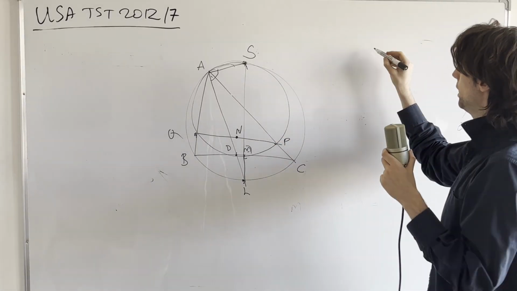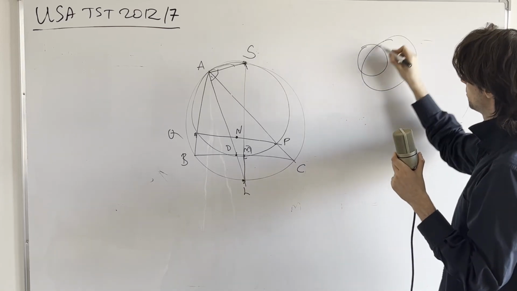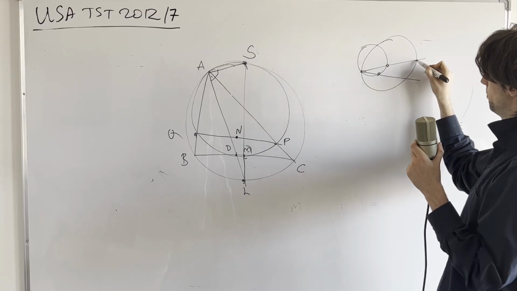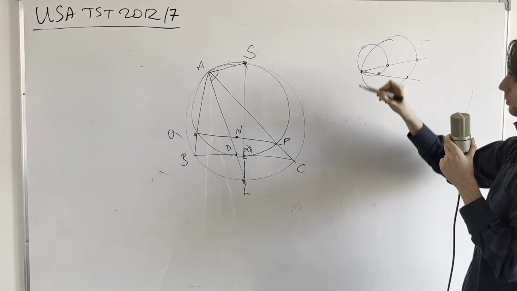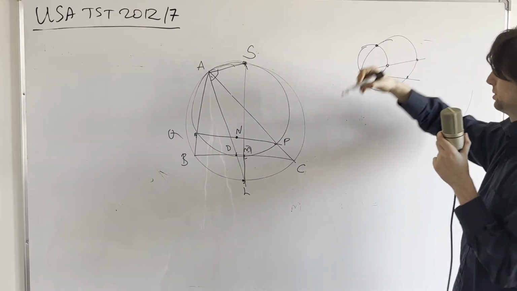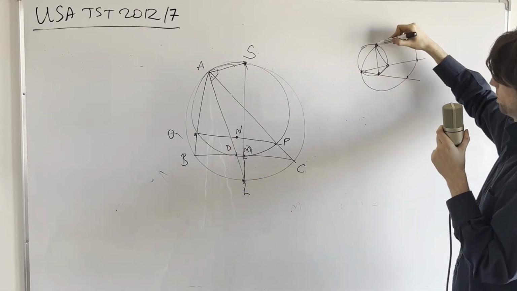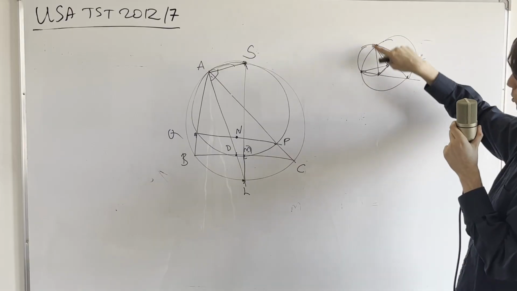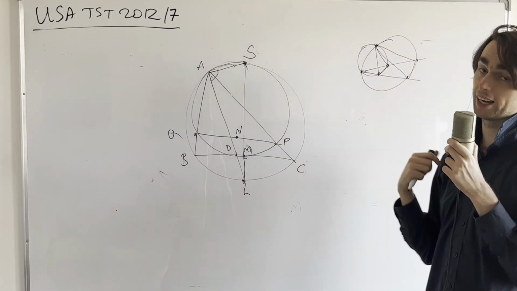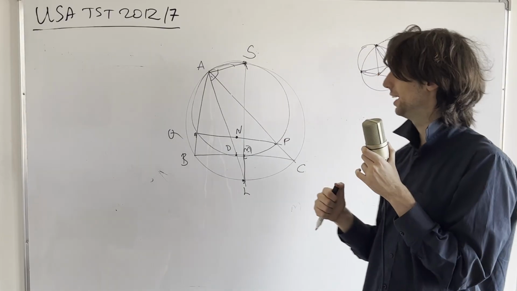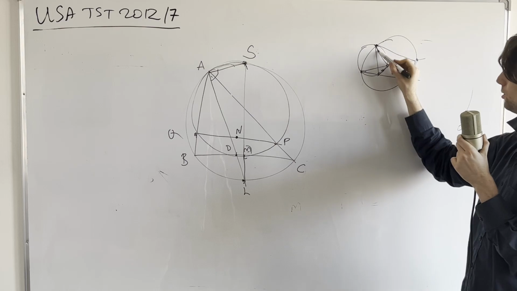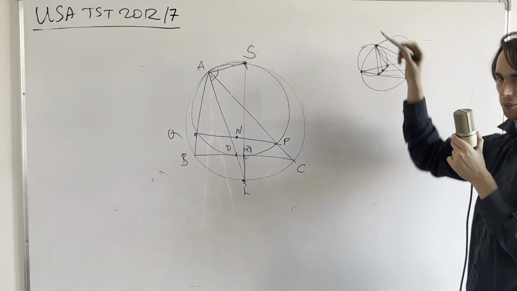I saw this pattern a lot when you have two circles and a line going through one of the intersections. If I take this other point, I have two types of similarity. I have this triangle similar to this one, and also this one is similar to this one. And I can do a lot when I have similarity like that. In fact, if I take, say, the midpoints of these two, then also this triangle is similar to this one.